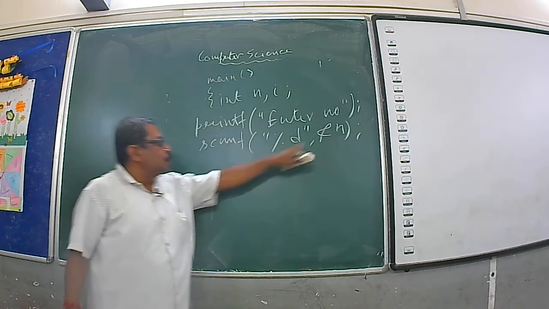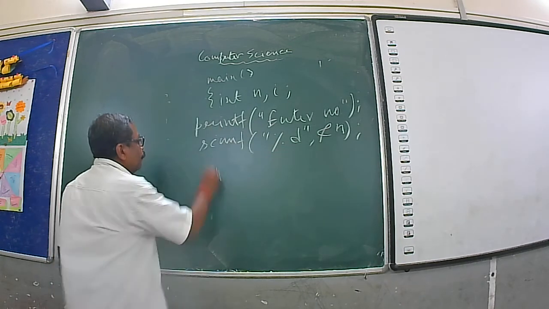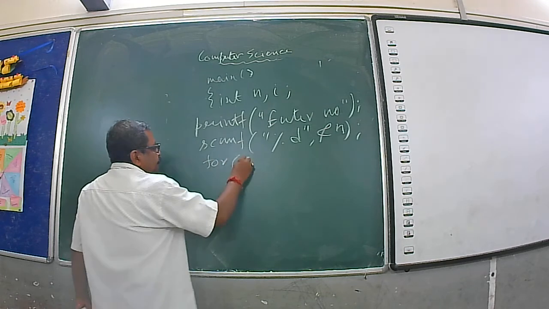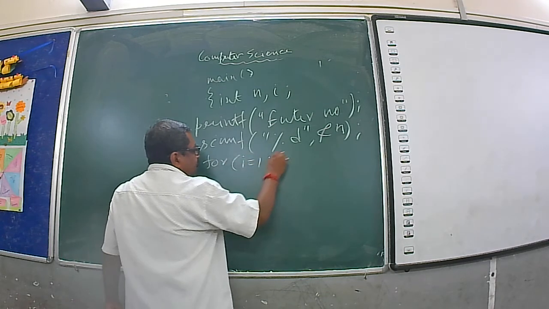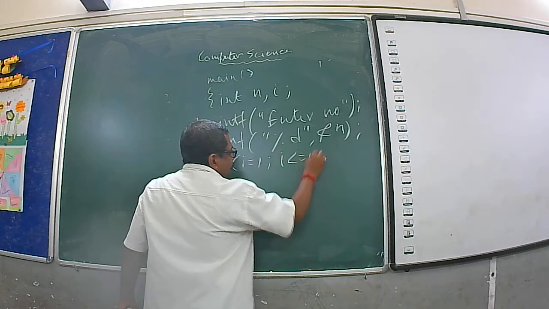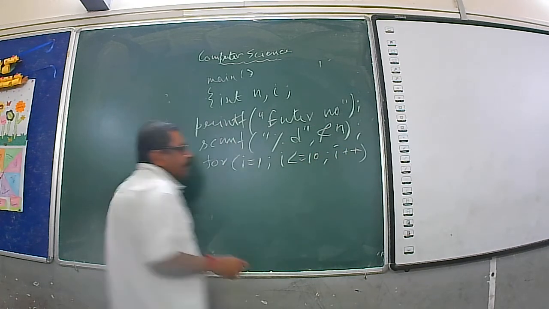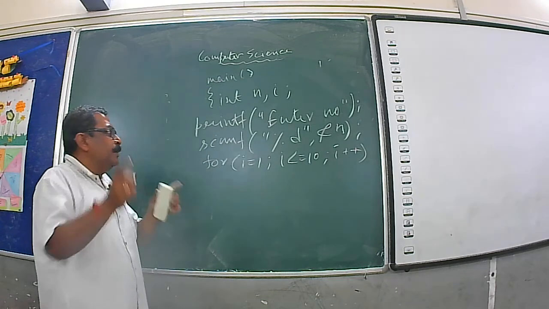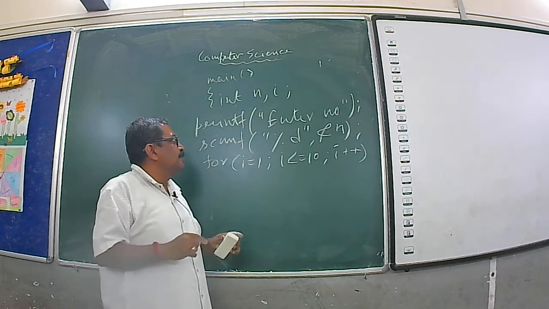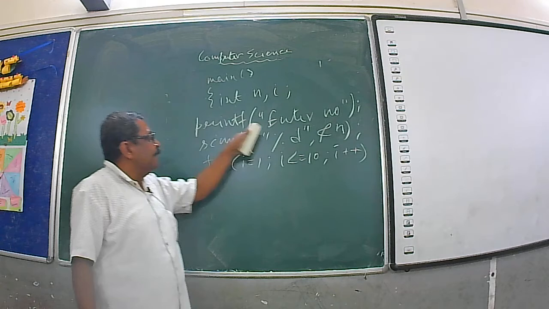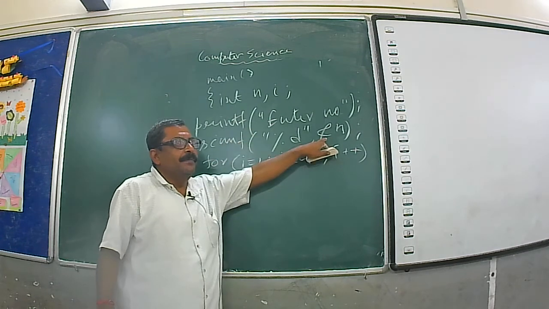So the number has been stored in the variable n. For i is equal to 1, i less than or equal to 10, i plus plus. That is clear, because we have to multiply 5 into 1, for example, 5 into 1, that is 5, where 5 is supposed to be stored in the n variable.